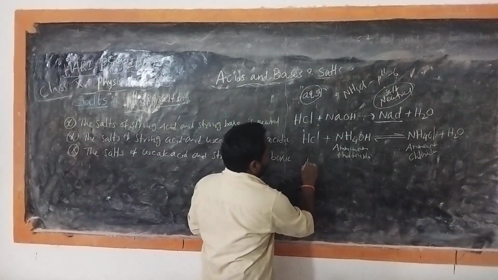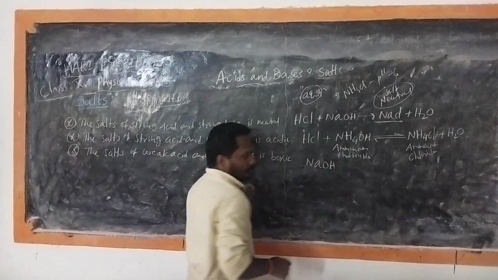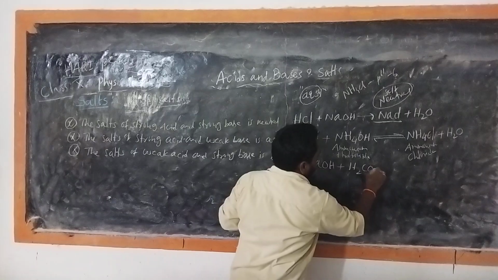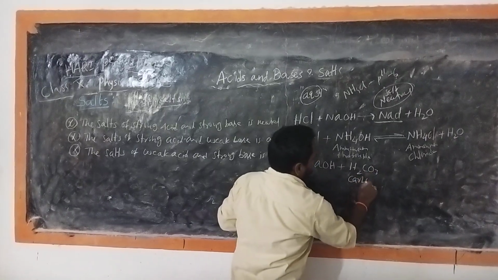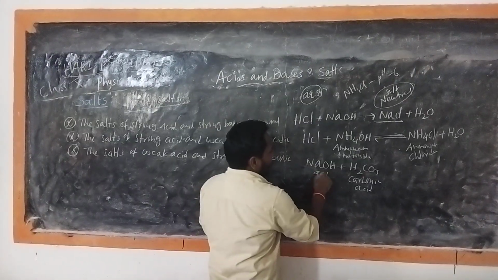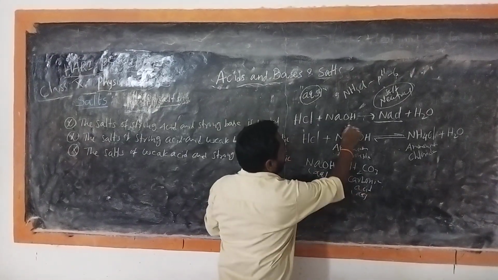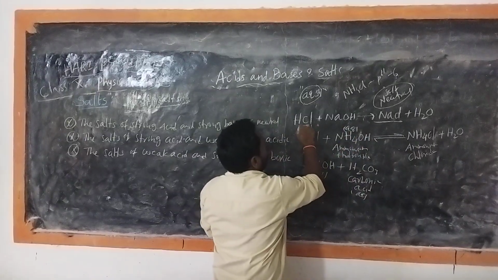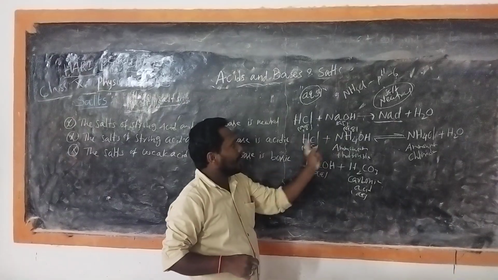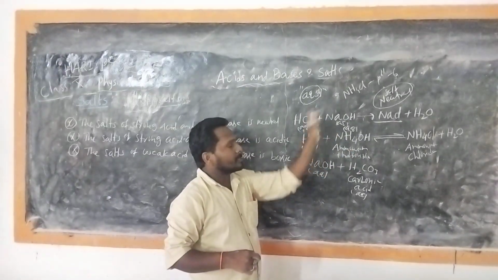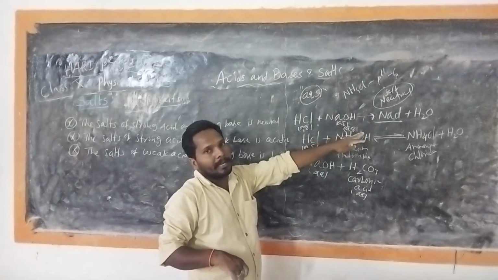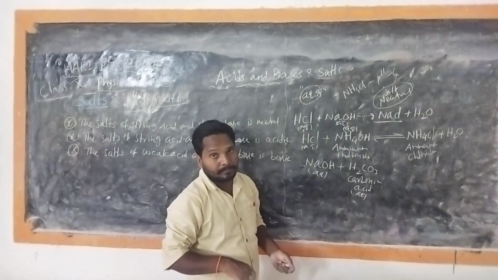Example: sodium hydroxide plus carbonic acid. All are aqueous solutions. In aqueous solutions only, they divide into ions. Positively charged ions combine with negatively charged ions, so that's why salt is formed.